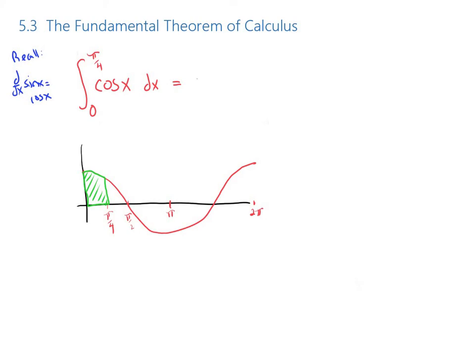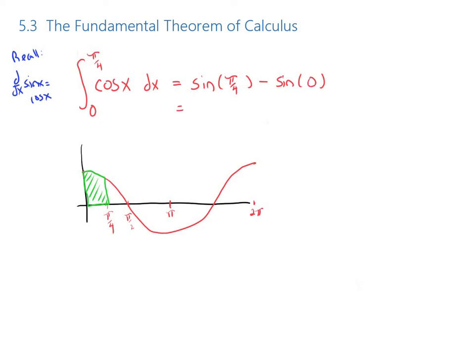And again, I want to evaluate that by doing sine at pi over 4. So that finds the total area up to pi over 4, and we want to subtract the sine at 0. So we want the area all the way up to pi over 4 minus the area up to 0.